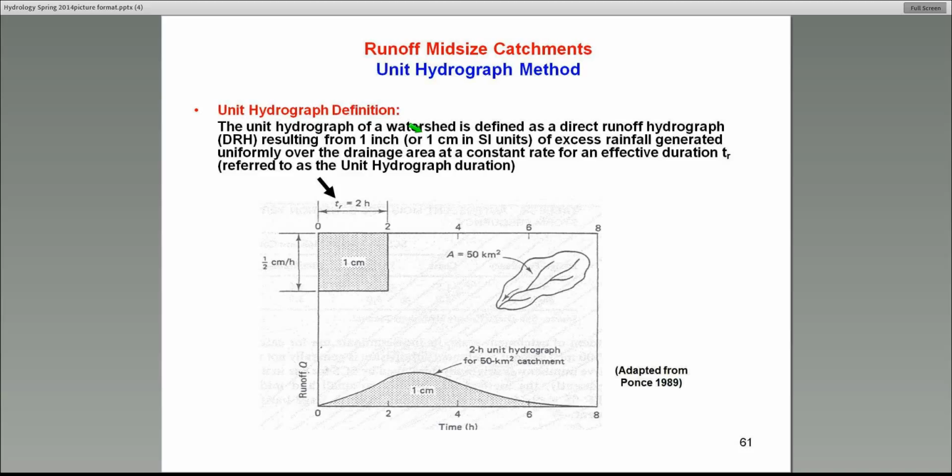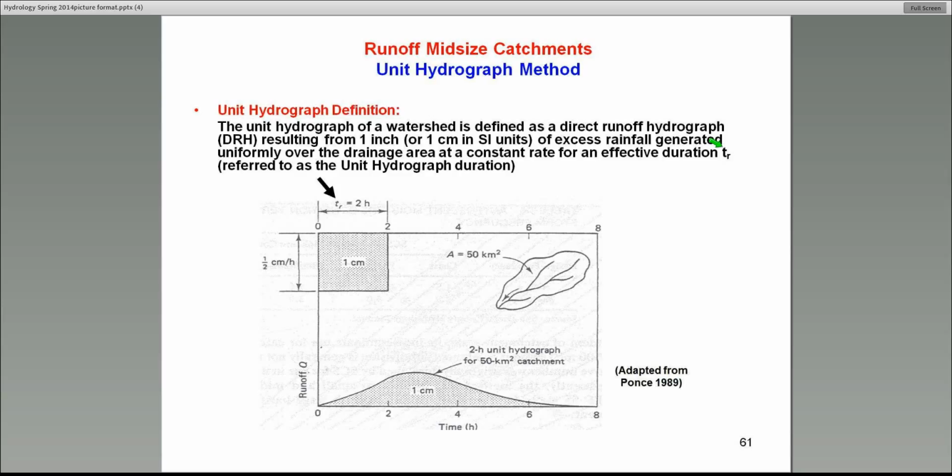Stick to that. Typically, they'll give you the rainfall in inches or centimeters. And of course, this is rainfall excess, by the way, because that's what a unit hydrograph is. It's a direct runoff hydrograph due to 1 inch of rainfall excess generated uniformly across the watershed in an effective duration called TR. That TR, by the way, is called the unit hydrograph duration.